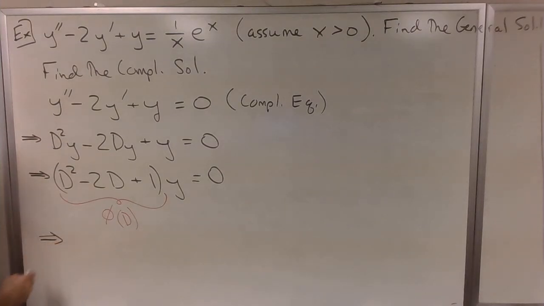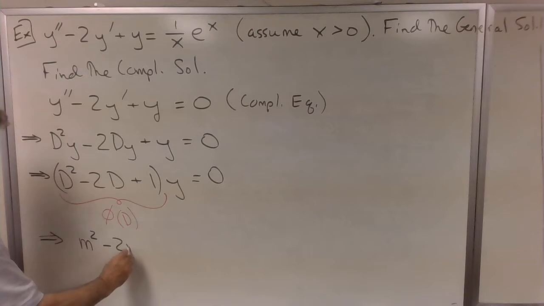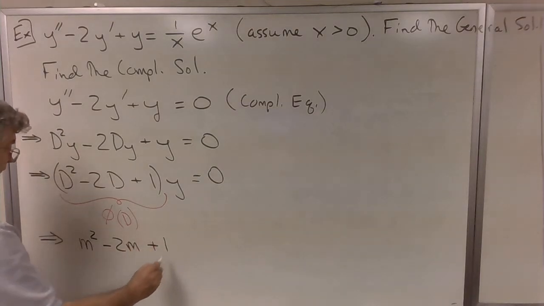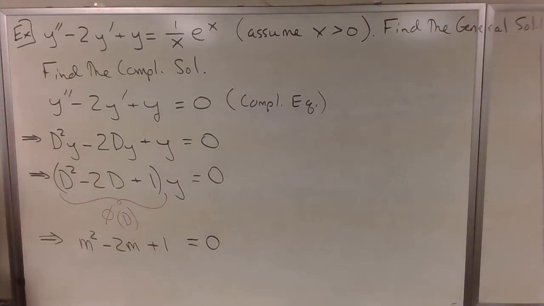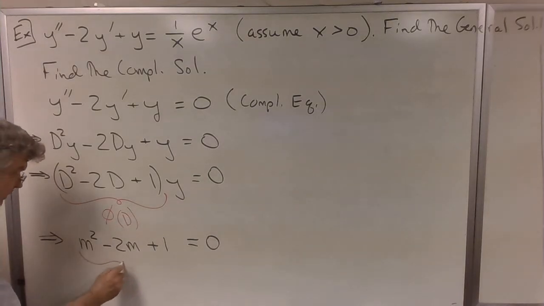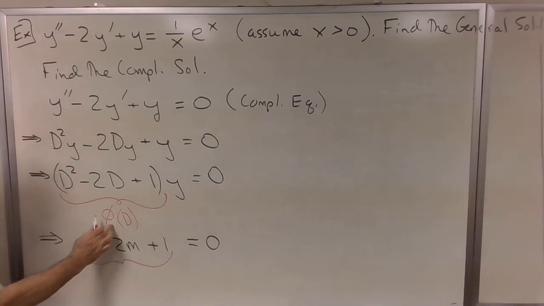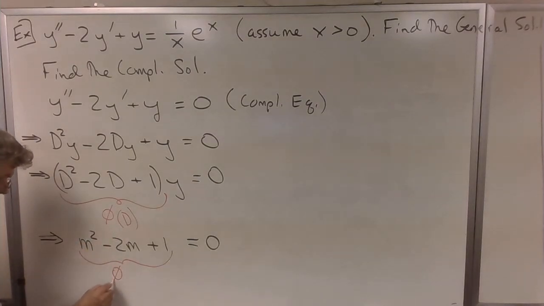Next, now that we have the identity of the polynomial phi, we form our auxiliary equation, m squared minus 2m plus 1 equals 0. And where did the left-hand side of the equation come from? Well, the left-hand side of the equation is just the polynomial phi evaluated at m.